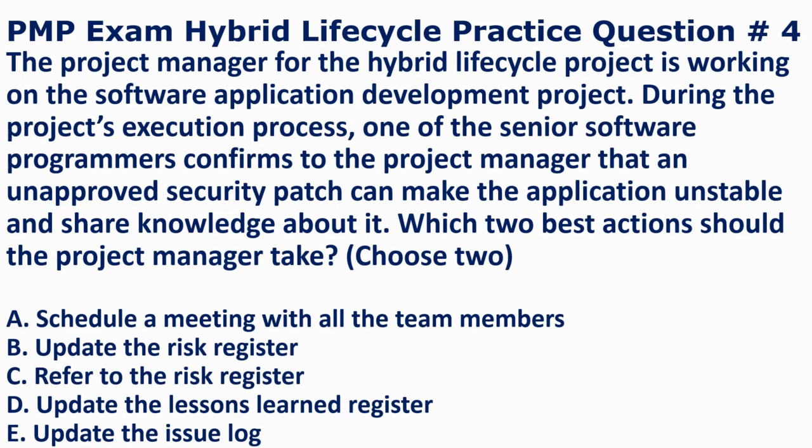Welcome back. Let's review the question. The question's first line states that the hybrid lifecycle project manager is working on the software application project, which means that the project work is already happening. The second line states that the senior software programmer confirms to the project manager that an unapproved security patch can make the application unstable.